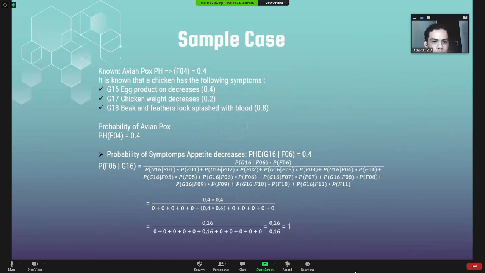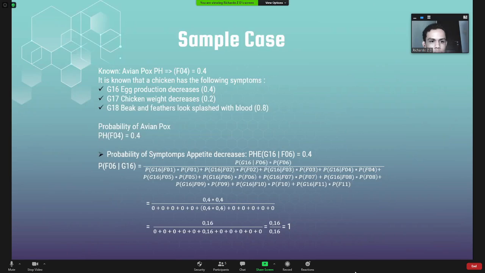Now we will calculate the many kinds of the symptoms with the avian pox. So the first one is we calculate the probability of the symptom, which is P(H|E).